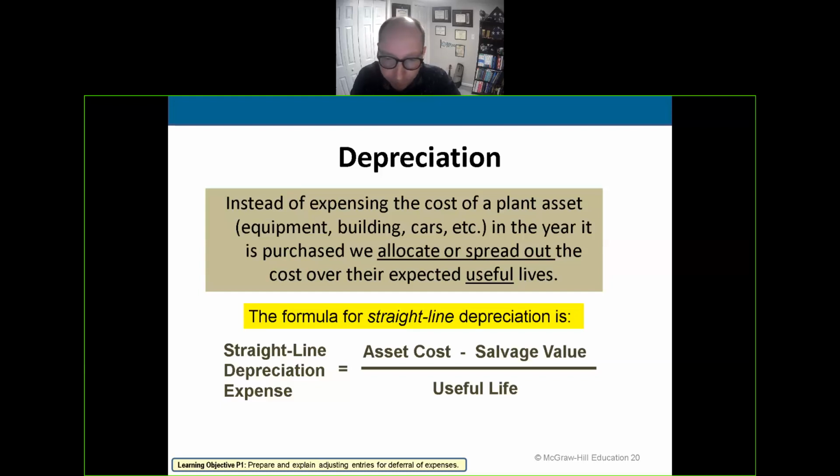It has a salvage value of 0. So $25,000 asset cost minus 0 is $25,000 divided by 5 years. That means that for every year, for 5 years, we will record a depreciation expense of $5,000. And we do that until the useful life is depleted, reaches 0.